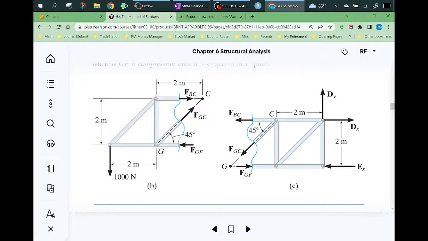But what you'll notice is if you do the left end, you do not have to find the support loads, the Dx, the Dy, and the E. But if you do the right end, you do. So sometimes it's better to do a section in which there's nothing supporting it, like this is a free section completely. And all you're doing there, you could sum the moments about C, and you could pretty much tell right off that this load is twice that load.